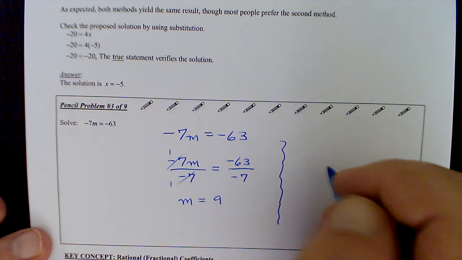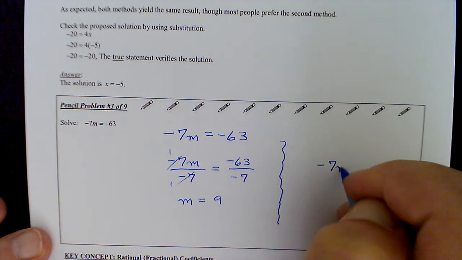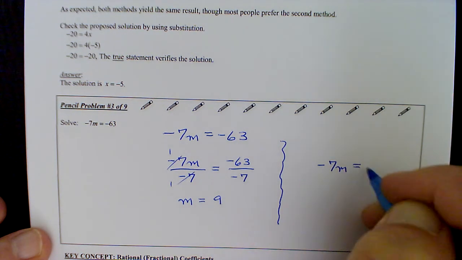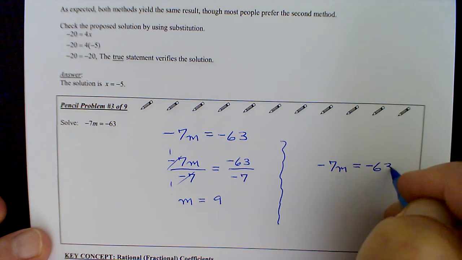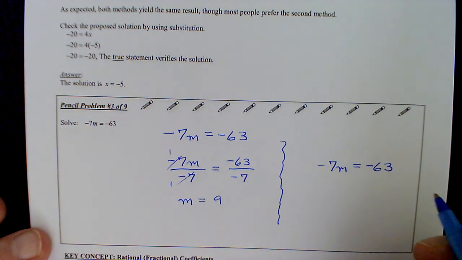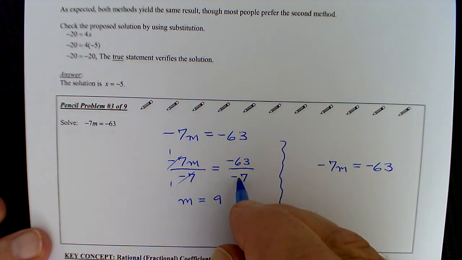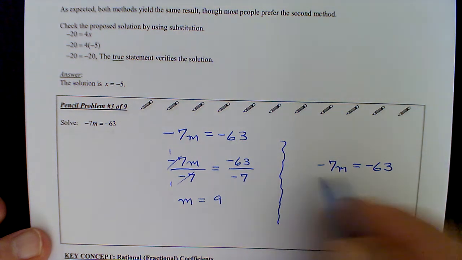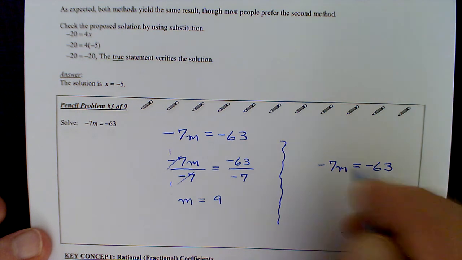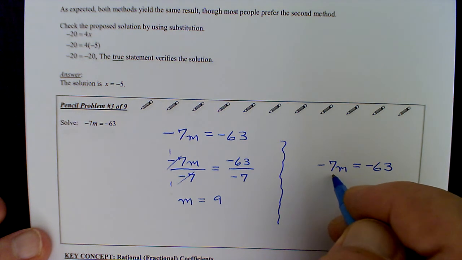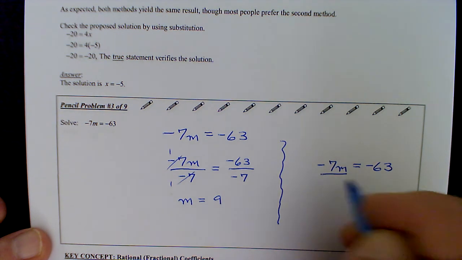Now I know what some of you are going to do. When you see this type of situation, and this is fair game, you could do this if you like, but just watch carefully. Instead of writing the extra step, which is something I am always going to do for reasons that will become obvious as we progress to more sophisticated equations, many of you will get in the habit of seeing a situation like this and just jumping right in and doing the division.